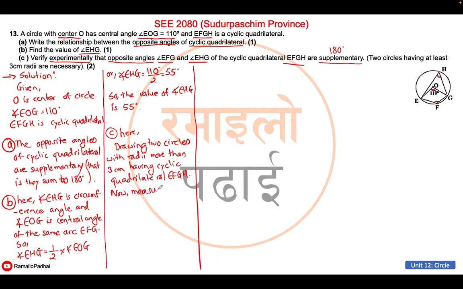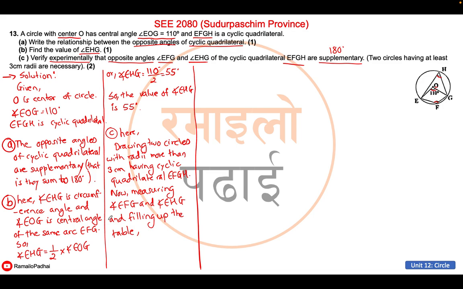Now measuring angle EFG and angle EHG and filling up the table here, the same as the question of Karnali province of SEE 2080.